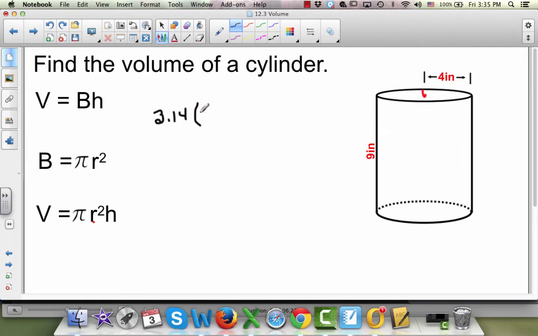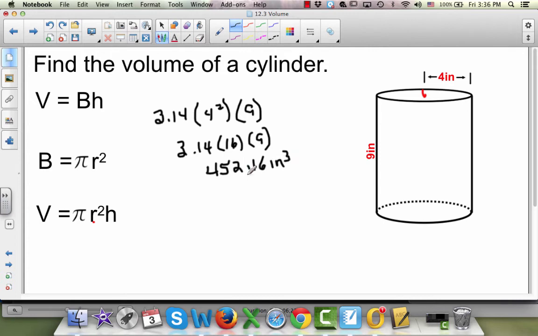Radius is 4, so it'll be times 4 squared times the height, which is 9, which gives us 3.14 times 16 times 9, and that gives us 452.16. And once again, it's inches cubed because you're finding volume.